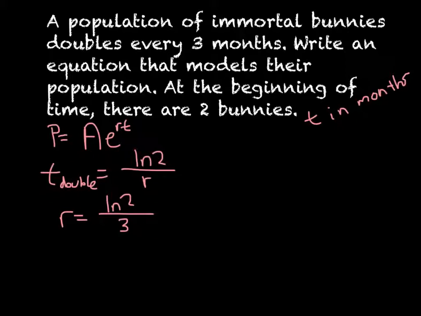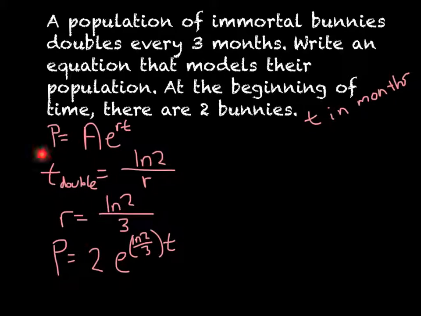Okay, and so now we can just write p equals a, and a is the initial amount of bunnies, so we'll replace that with 2. Then we have e to the power of r t. And now we have it in the form that we wanted in the beginning.